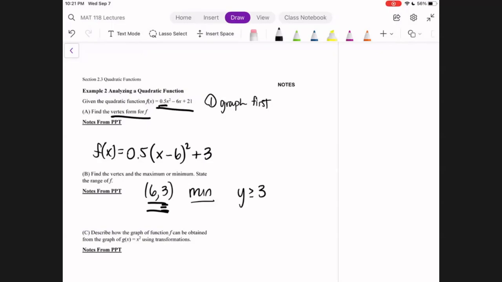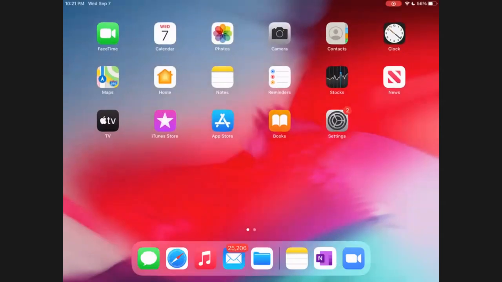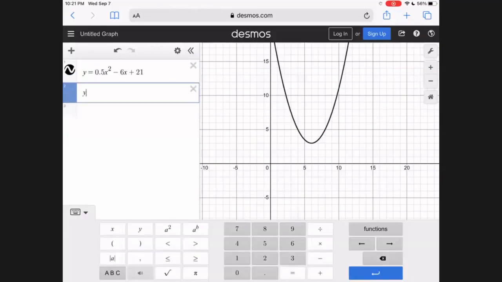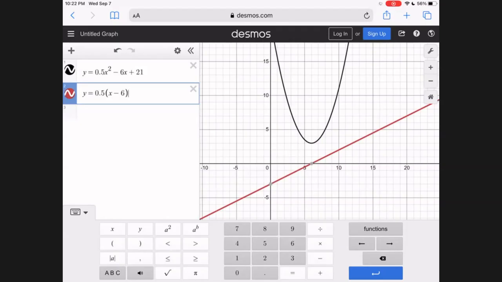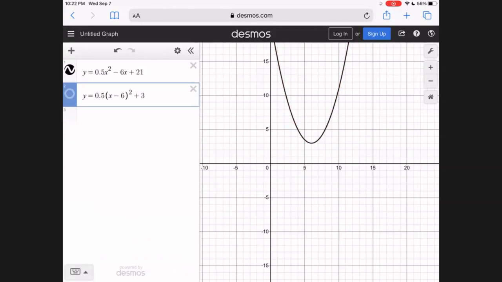Right? And this would be your vertex form. We could check that. Okay, so let's go back and check. y equals 0.5 parentheses x minus 6 parentheses squared plus 3. And they line up exactly. Okay, you'll see here that same color.